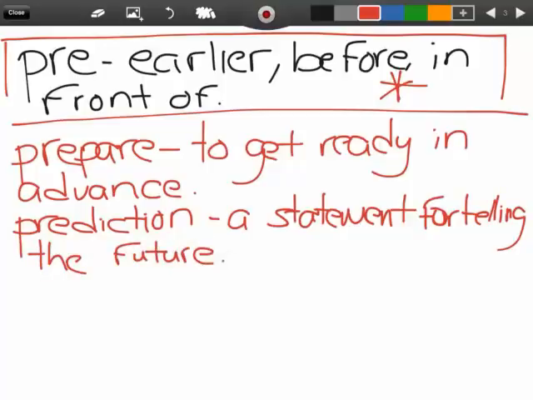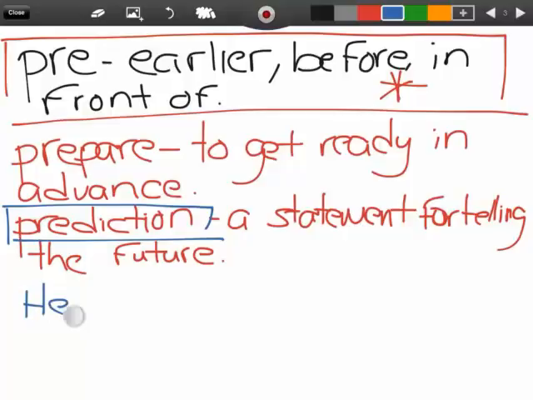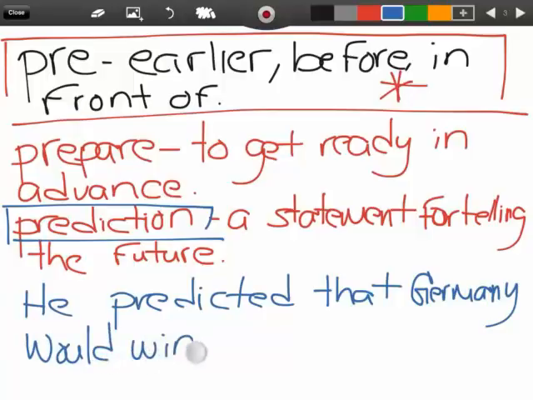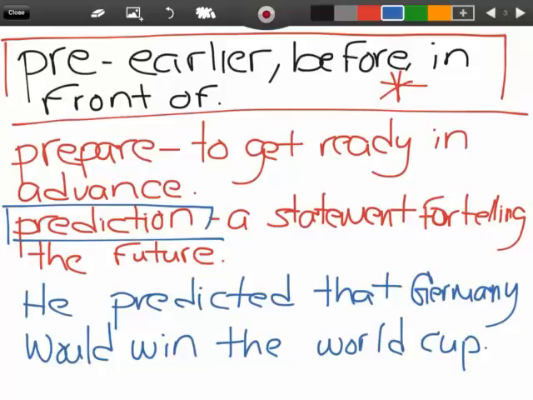I'm going to use prediction in a sentence. I'm going to read that to you. He predicted that Germany would win the World Cup.